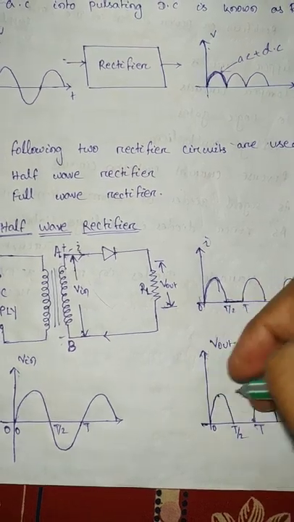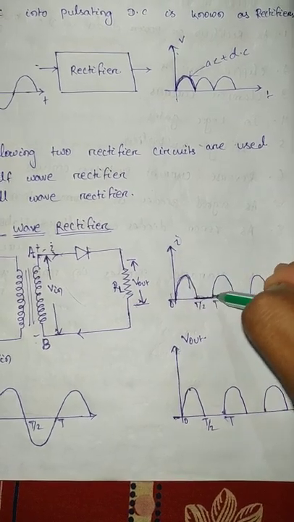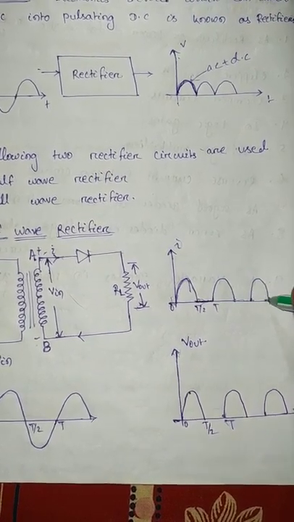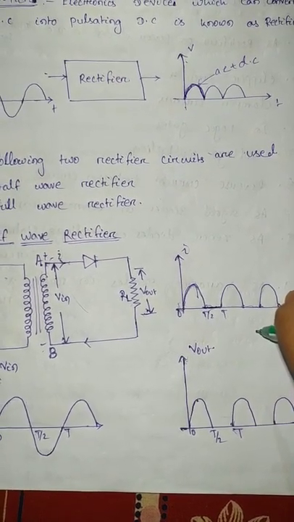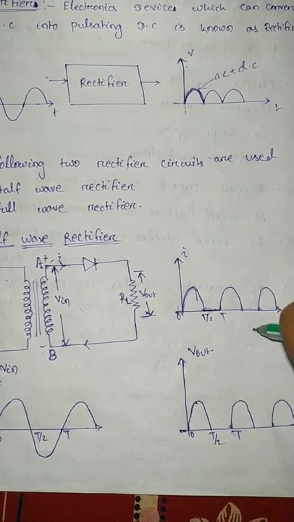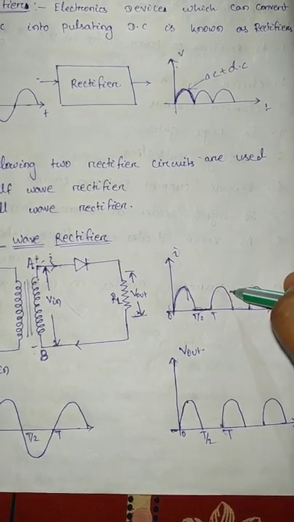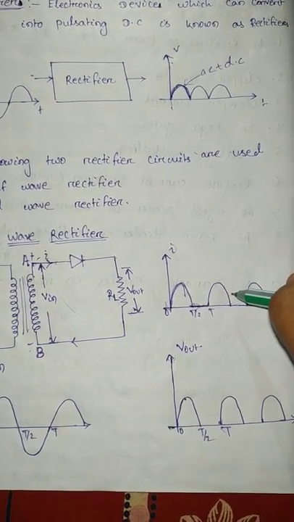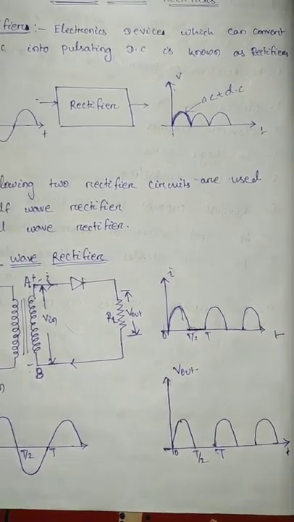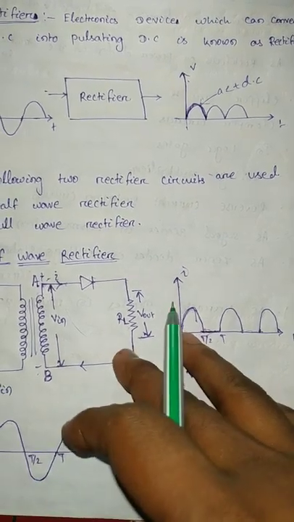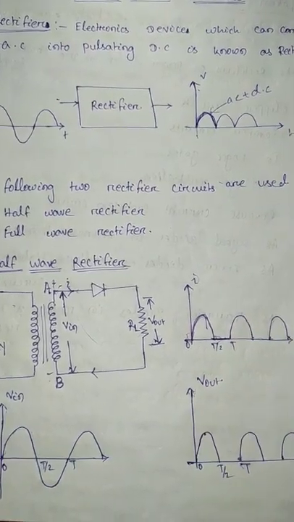In this way, the current flows through the load RL in the same direction. Hence DC output is obtained across the load. It may be noted that the output across the load is pulsating DC, which means some amount of AC is mixed with DC. This pulsation in the output can be further removed with the help of filter circuits, which we will study in later sections.